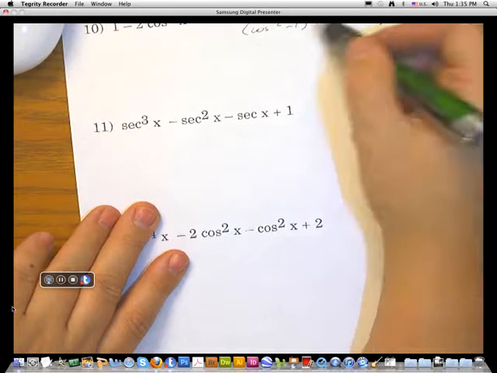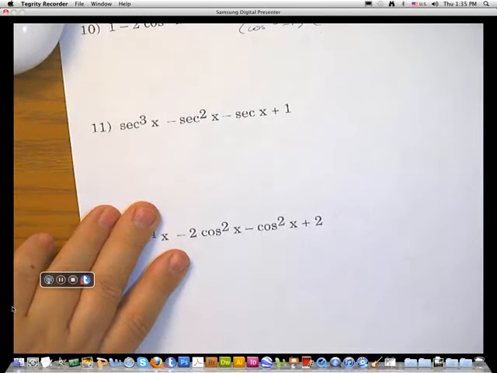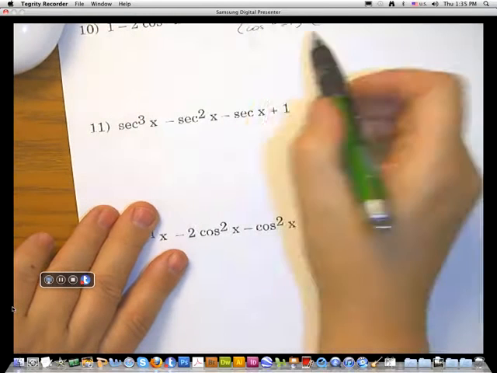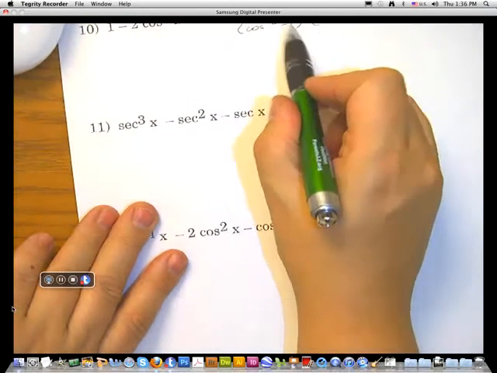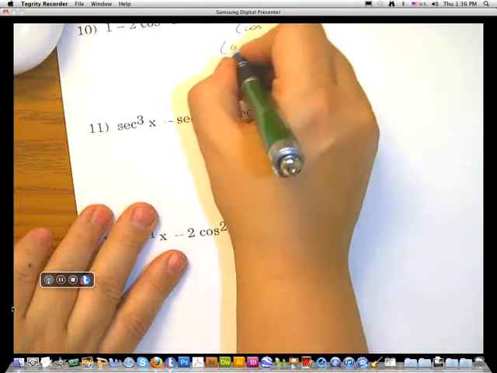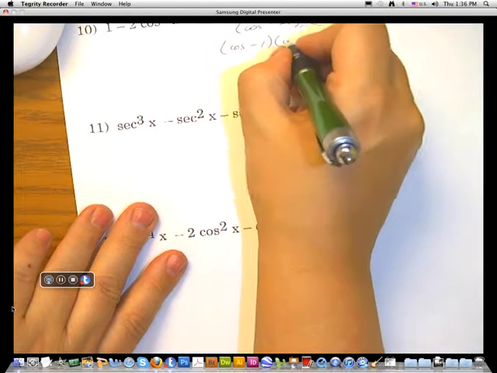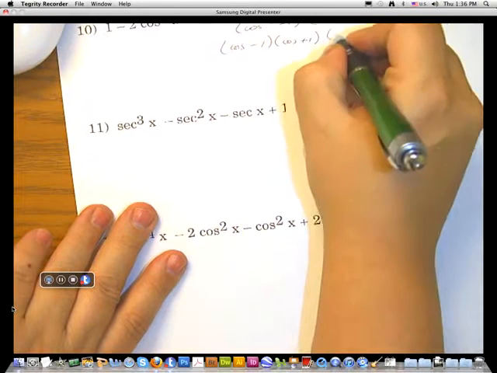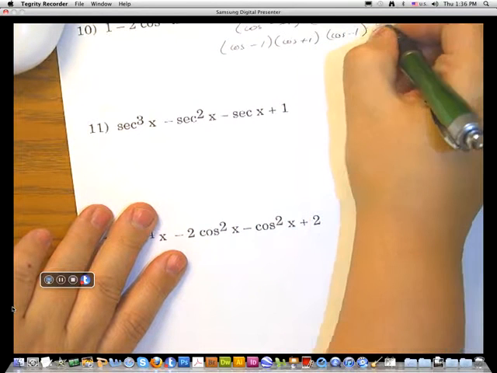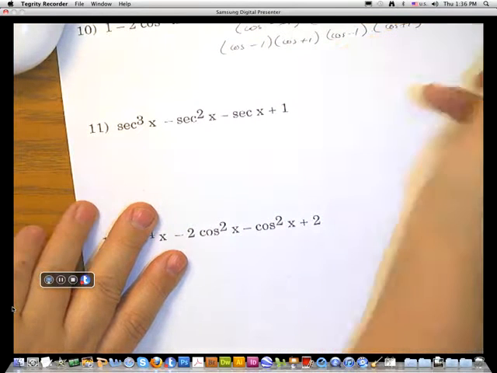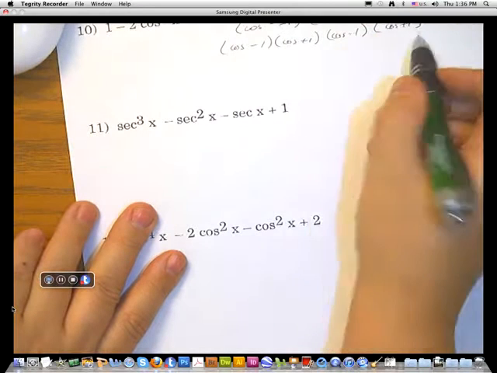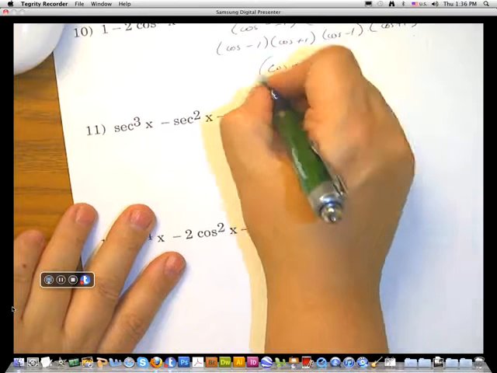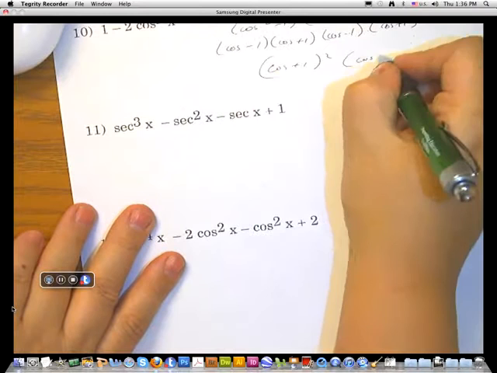So it's the same thing here. Cosine squared minus 1, cosine squared minus 1. Now this is still a difference of two squares. So they're both going to factor to minus 1 and plus 1. And if they are the same, we want to write them as a quantity squared.